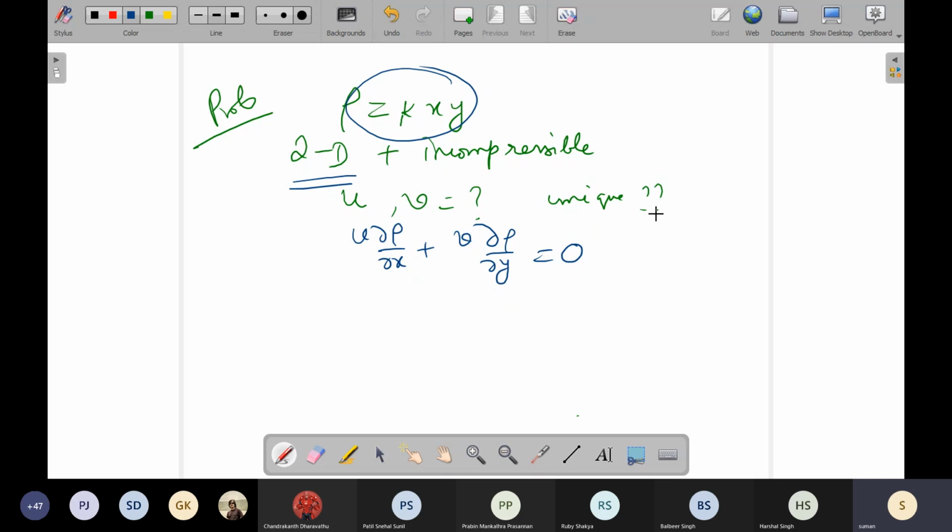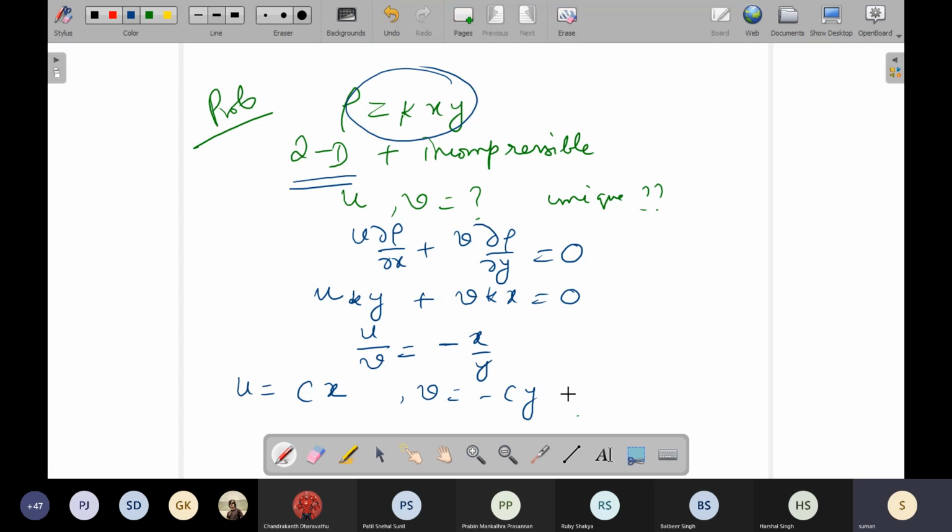So once it is 0, let us just put the derivatives. So you have u by v is equal to minus x by y, right? So that means you can say that u equal to cx and v is equal to minus cy.